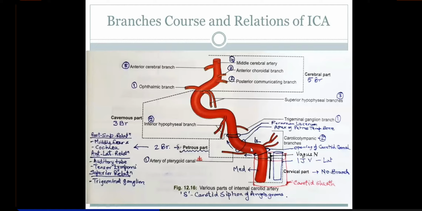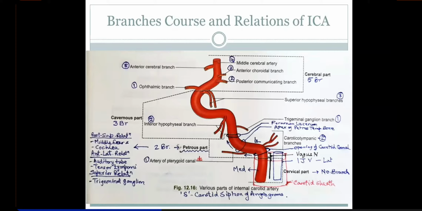Now this course is within the petrous temporal bone. It runs within the petrous temporal bone, right? That is the second portion of the internal carotid, that's called petrous part of the internal carotid. Now there is a steep bend when it enters. This I am telling you is about the course of this internal carotid artery.